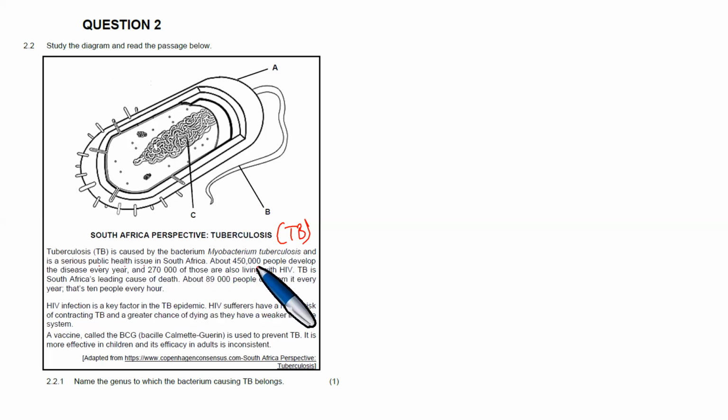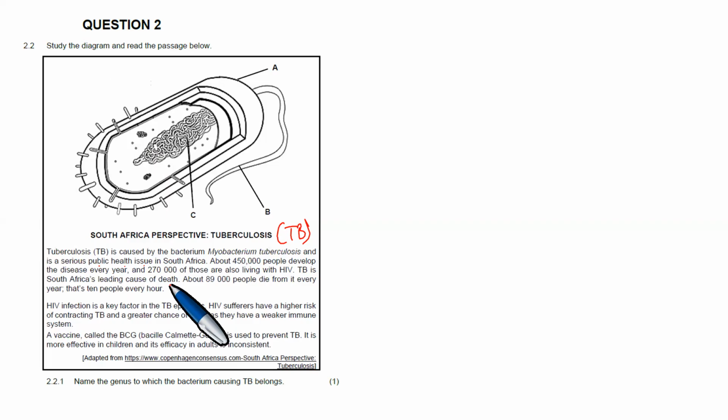About 450,000 people develop the disease every year, and 270,000 of those are also living with HIV. TB is South Africa's leading cause of death. In other words, if you find out why somebody died, normally they were killed by TB. It's killing so many people.